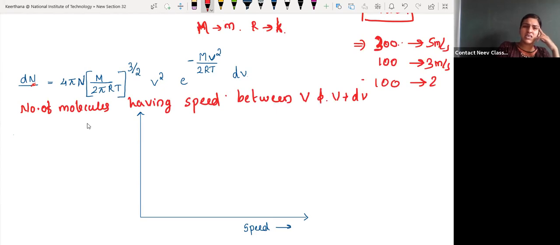Or should I write c? If I write c, don't get confused that v and c are different things. Actually, in standard books you can find it only in terms of c, so I will write it in c. It will be c square, e raised to minus m c square, into dc.